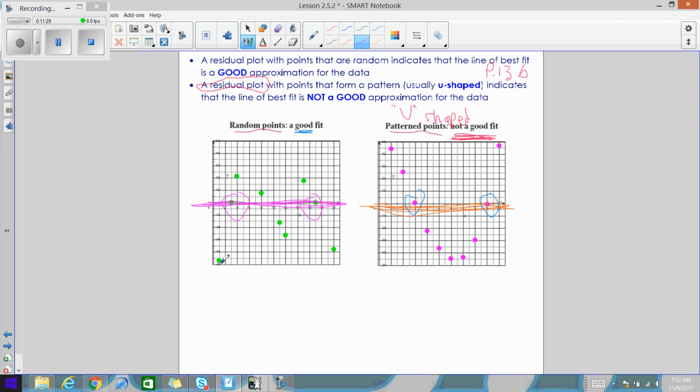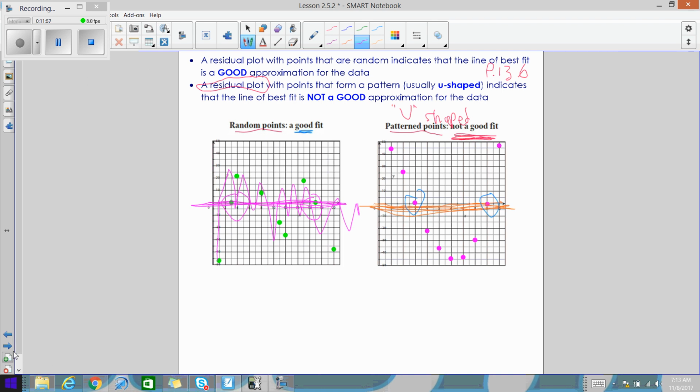One is below, then one's above, then one's on it, then one's above again, then one's below, another one's below, one's above, one's on it, one's below. Because it scatters up, down, up, down, that's a good fit. But if it doesn't scatter, if it's like 6 in a row above, then 6 in a row below, then another 6 above, that means your line of best fit just shot through your points and only touched a couple and really didn't fit it well, whereas random is a good fit.